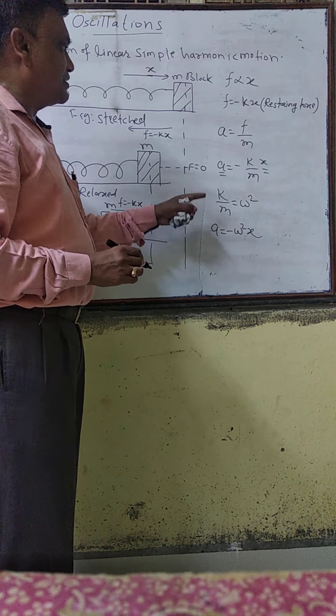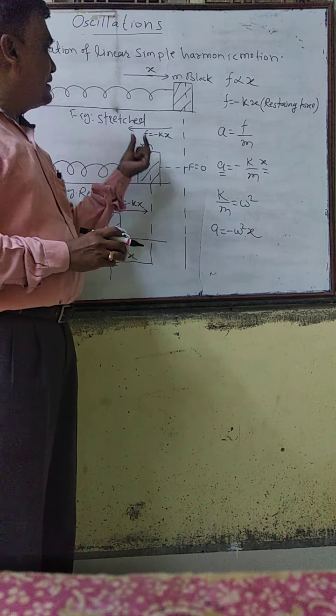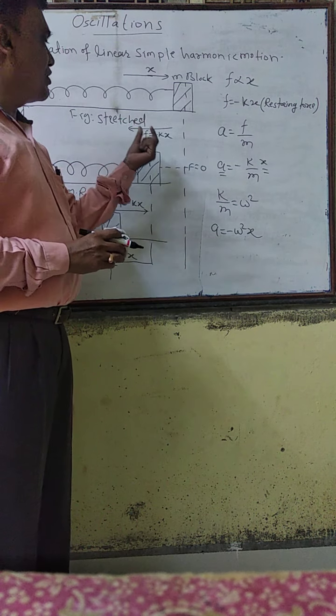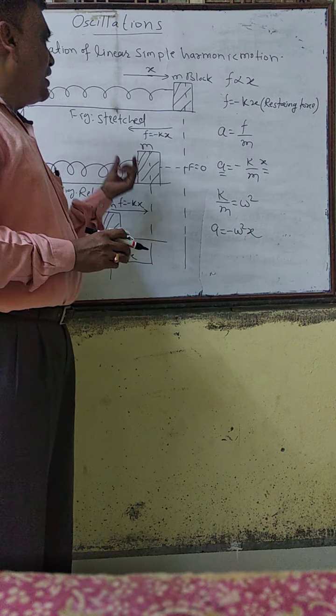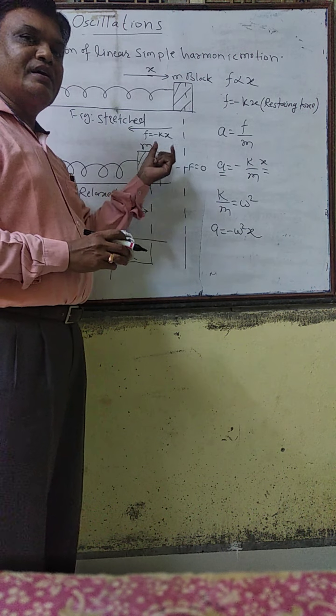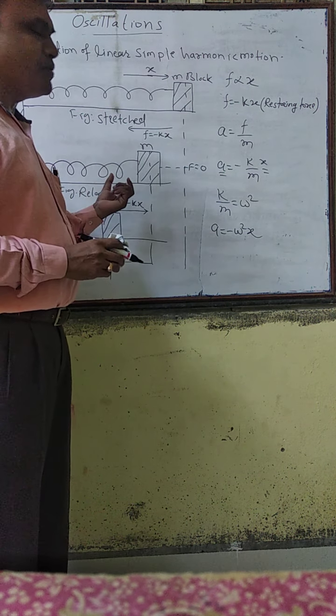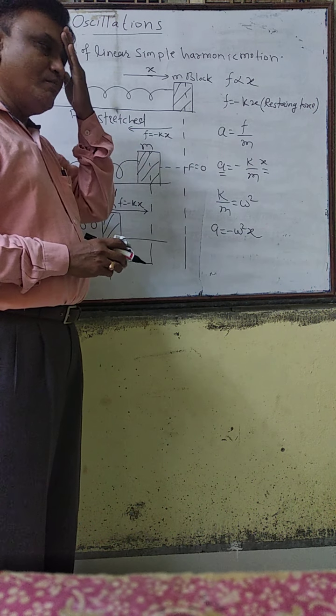So due to the restoring force, this block performs to and fro motion about this mean position, and this motion satisfies all the conditions of SHM. That's why this motion is known as linear simple harmonic motion.